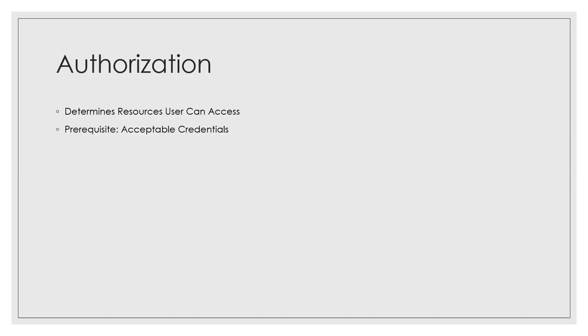Okay, so authorization. Of course, this determines which resources you have specific access to, but the prerequisite is that you have acceptable credentials. So kind of thinking also about that single sign-on system there, that has basically already pre-authorized you to be able to access some of the other resources, such as if you were to sign on into Canvas, you should then be able to go onto your email and such without having to sign in again.